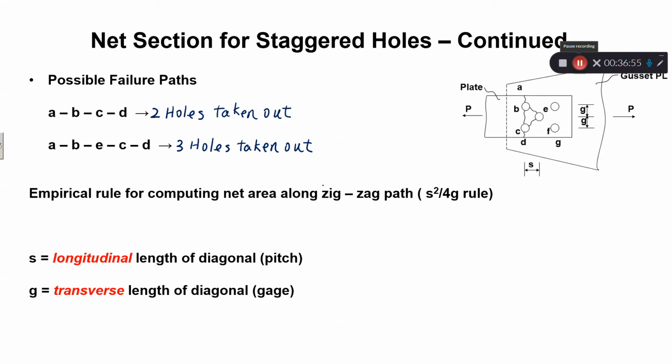Before I jump into the AN calculation, I want to introduce the empirical rule for computing the net area along the zigzag path. It is also called the S squared over 4G rule.